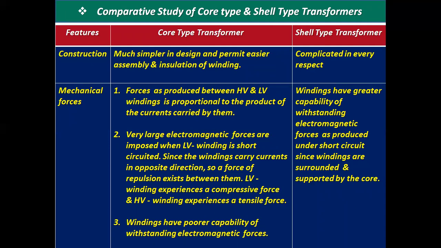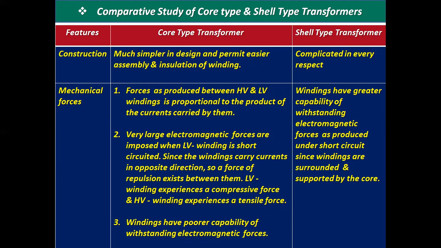In core type transformer, number two, very large electromagnetic forces are imposed when LV winding is short-circuited. Since the windings carry currents in opposite direction, a force of repulsion exists between them. LV winding experiences a compressive force and HV winding experiences a tensile force.